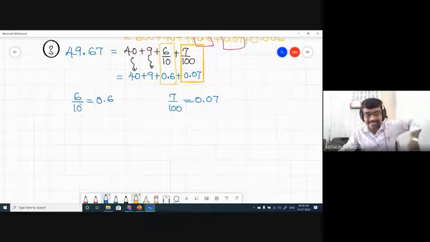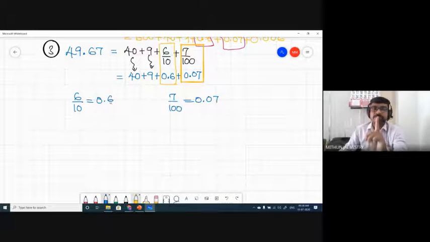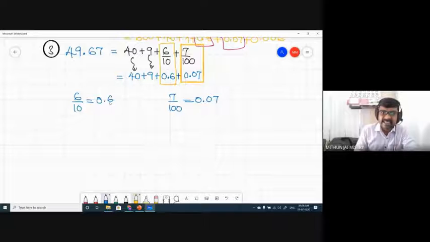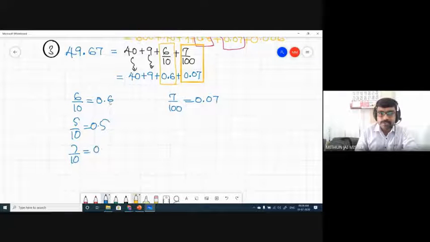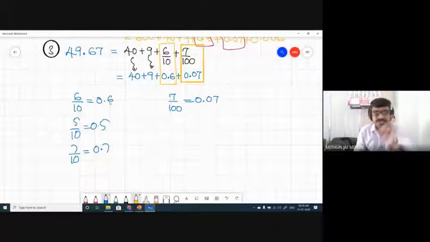See, beta, 6 by 10, and 10 has one 0. So after the point, we have 1 decimal place. So 6 by 10 is written as 0.6. Similarly, 5 by 10 we could write as 0.5, and 7 by 10 as 0.7.